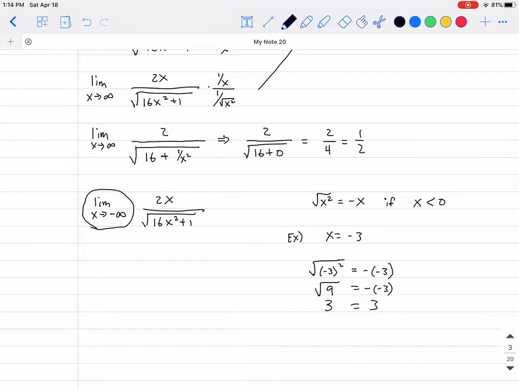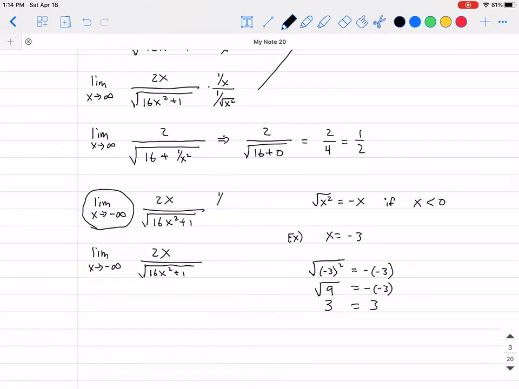Okay. So the way it works out with this problem is when you apply that 1 over x, the limit as x approaches negative infinity of 2x divided by the square root of 16x squared plus 1. I think I jumped the gun a little bit.